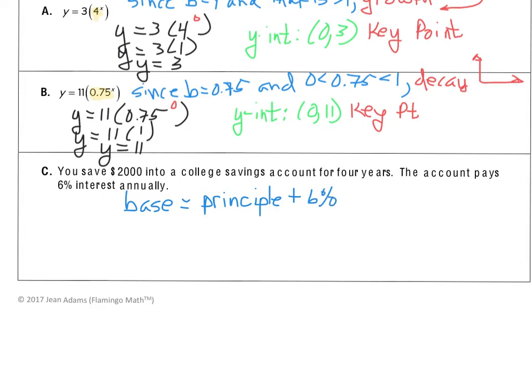So I don't know what your principal is, but it's going to be 100% plus your 6% interest, which equals 106%, and we have to convert that to a decimal. So remember, we always take the decimal point, which is understood to be there if you don't see it, and move it 2 places to the left. So it's equivalent to 1.06 for our base.